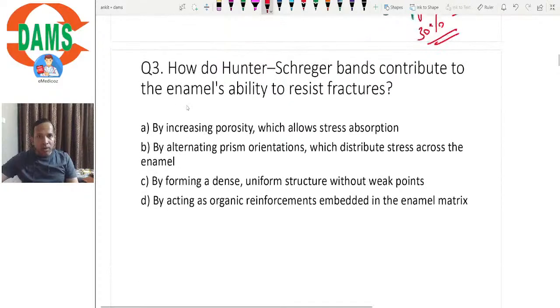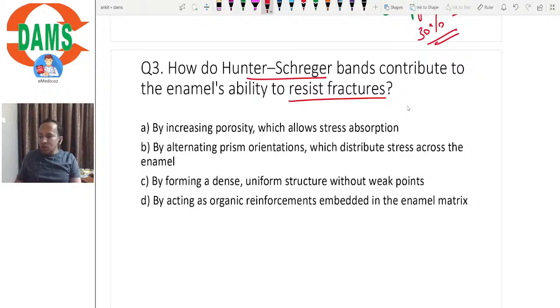So next question. How do Hunter-Schreger bands contribute to the enamel's ability to resist fracture? You know what Hunter-Schreger bands are, right? Let's say this is the DEJ, this is the surface of the enamel. As we move from DEJ to surface, the orientation of enamel rods is wavy, it's zigzag.